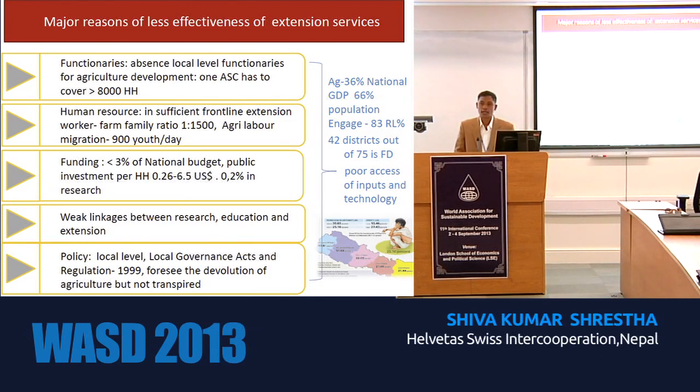More importantly, more than 83% of the total population who reside in rural areas earn their livelihood from the agriculture sector. And out of 75 districts, 42 districts are still food deficit in the nation. That is only because of the poor access to inputs and technology for the rural poor.